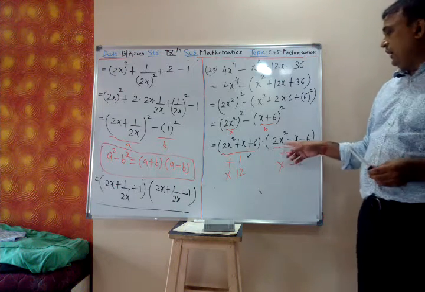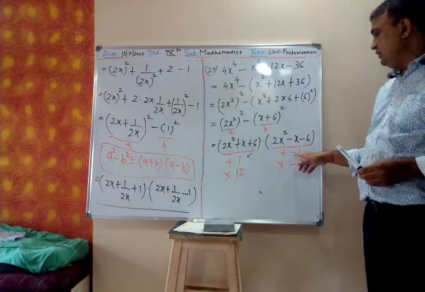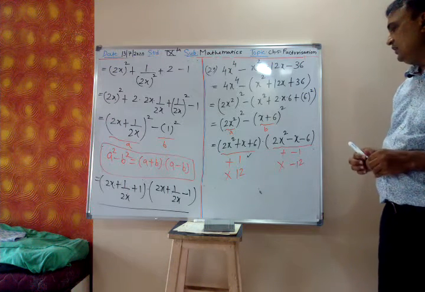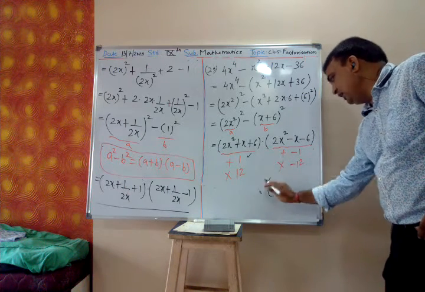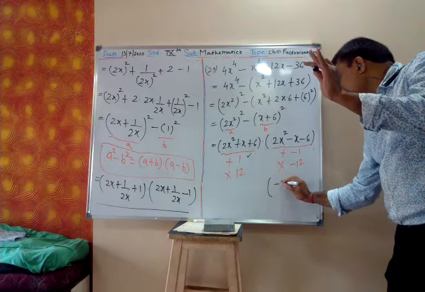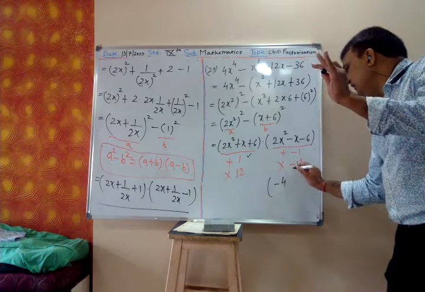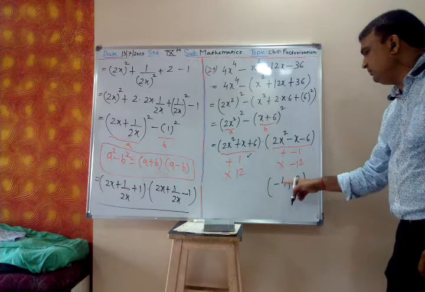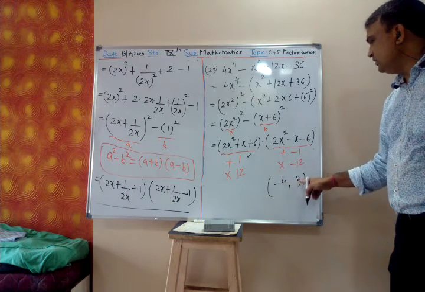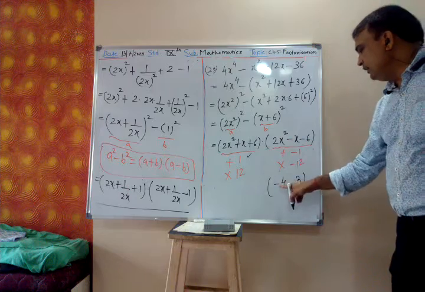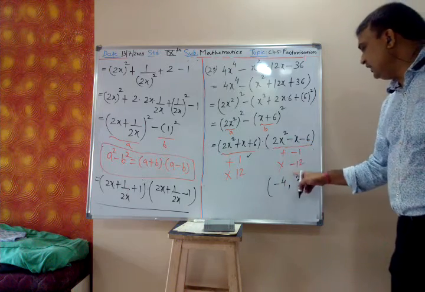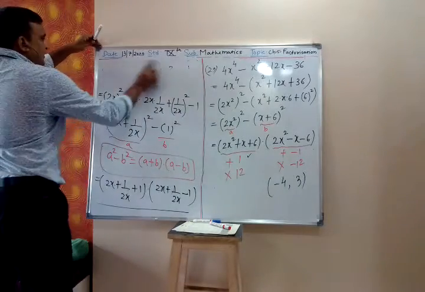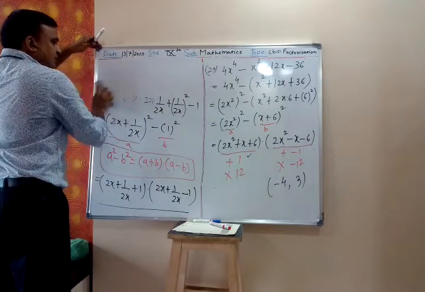Find two numbers whose addition is minus 1 and multiplication is minus 12. Now there I can take minus 4 and 3. Minus 4 plus 3 is minus 1, and minus 4 into 3 is minus 12. So there I can take, but here I cannot. That condition must be satisfied.